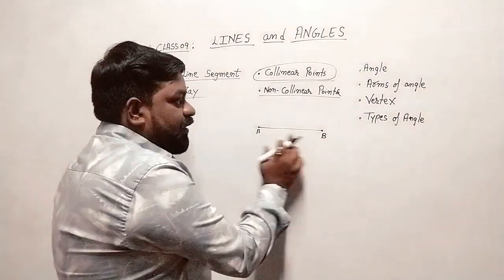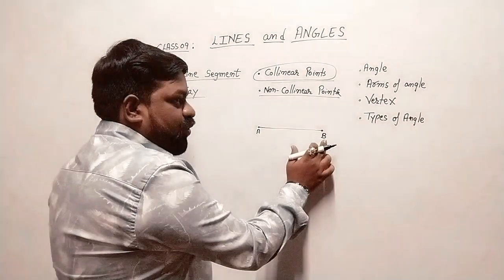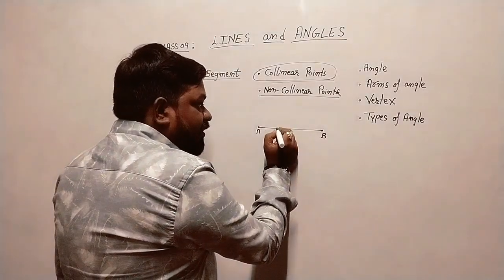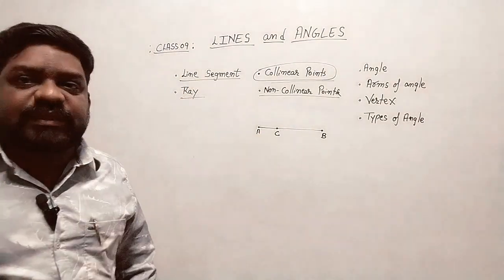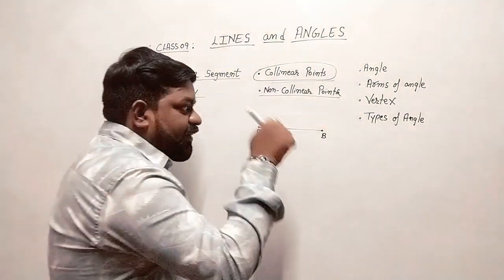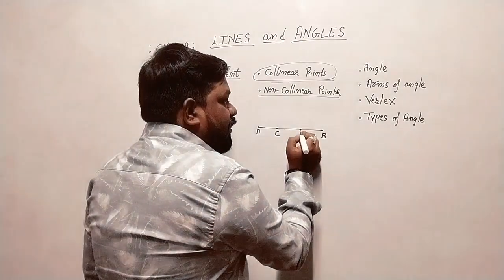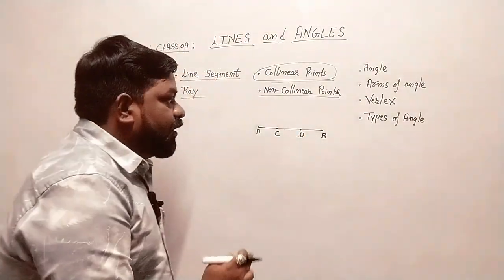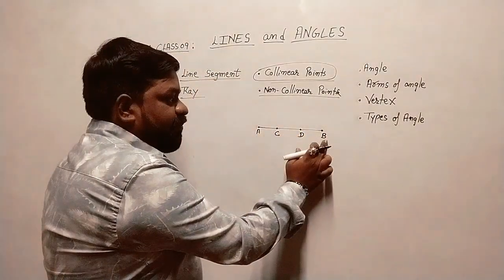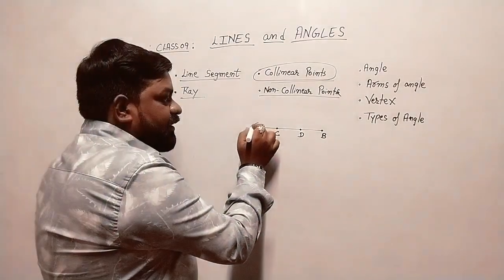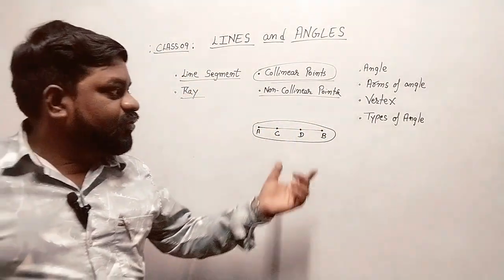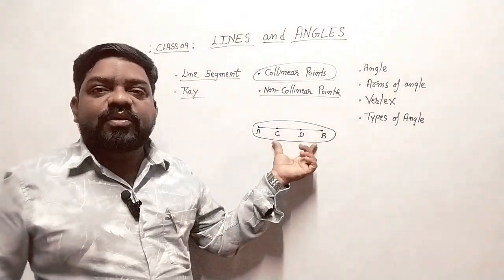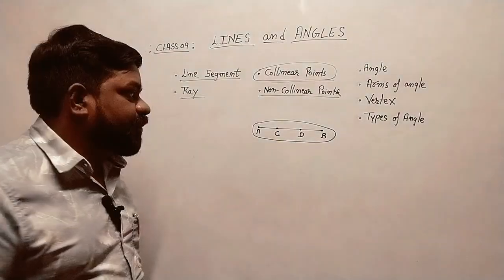See, for example, here A and B are two points, and on the same line segment I will mark point C, and I will take another point D. Now all these points A, B, C, D are on the same line segment, so we call them collinear points.